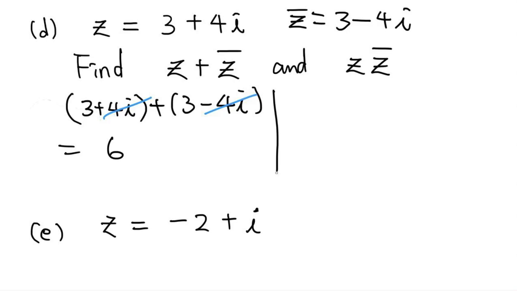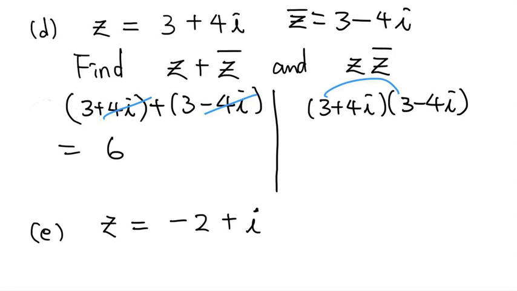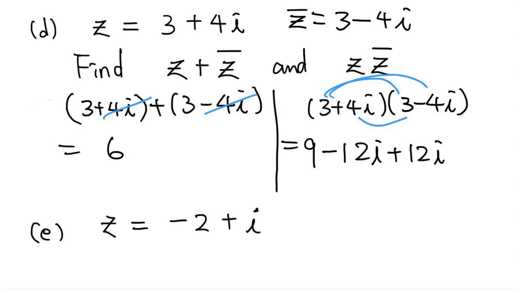Okay, let's do multiplication. So 3 plus 4i times 3 minus 4i. And we can FOIL this out. 3 times 3 equals 9. And 3 times negative 4i equals negative 12i. And 4i times 3 is plus 12i.